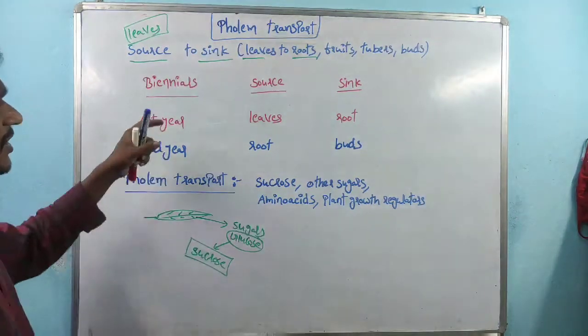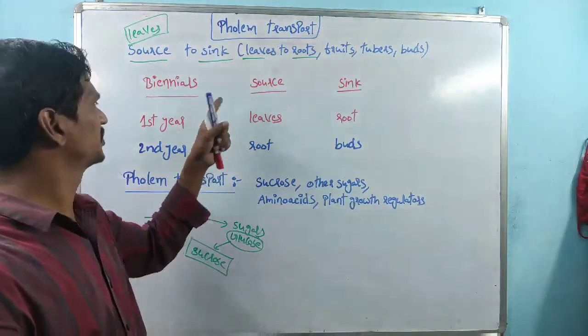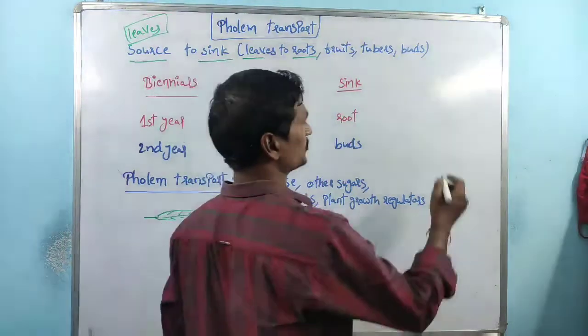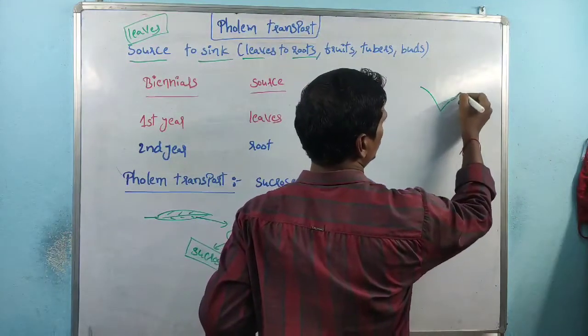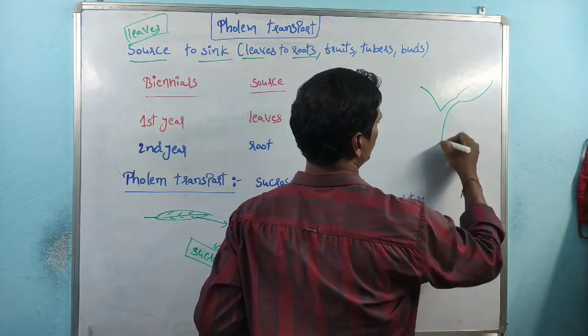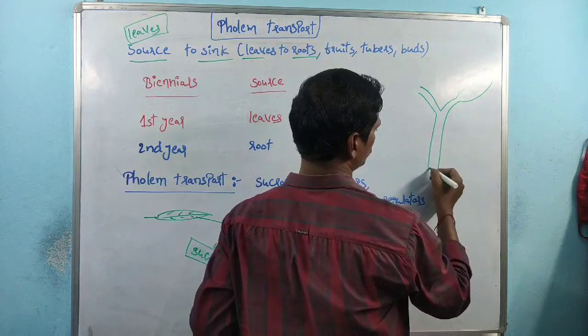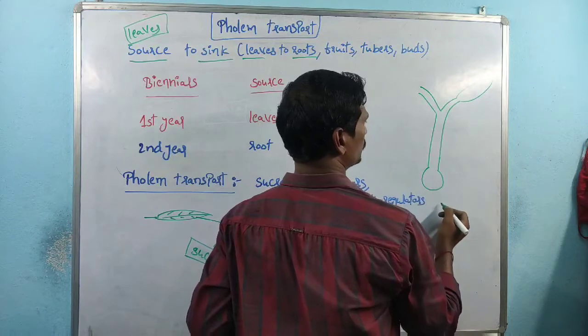And this is one of the biennial plants, first year, second year. Biennial plants means the plants survive 2 years. Suppose this is one of the biennial plants, and this is the root.